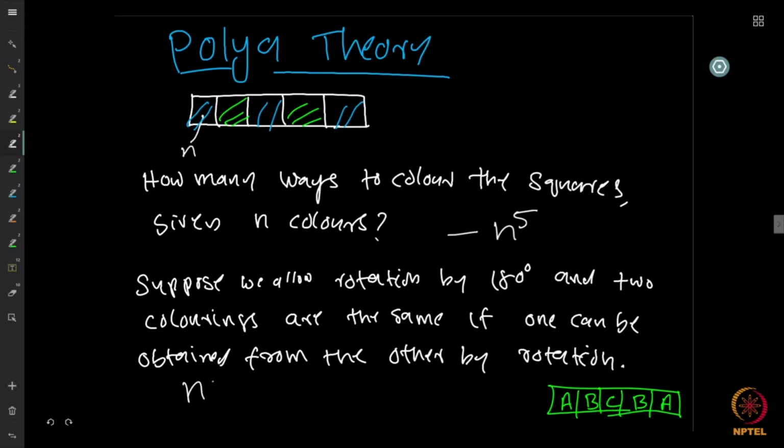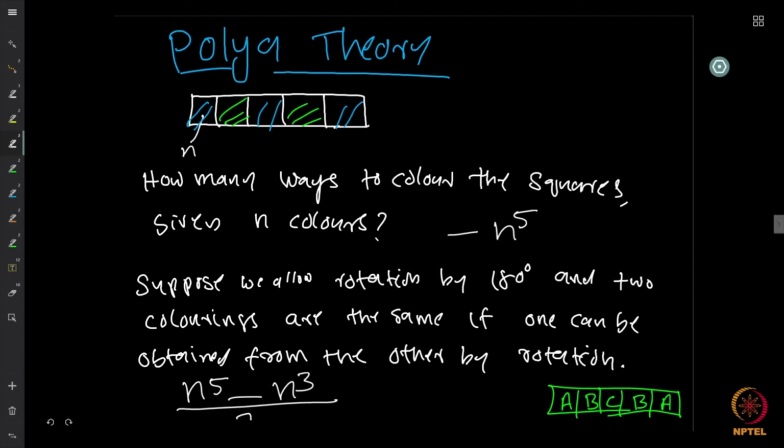So out of the total n raised to 5 colorings, there are n cube such colorings, because for the first three cells I can choose any of the n colors, but then there is no choice because I just use the colors that I already have on the remaining cells. Out of the n raised to 5 minus n raised to 3 colorings, each of them under the rotation will give a different coloring, but they are equivalent.